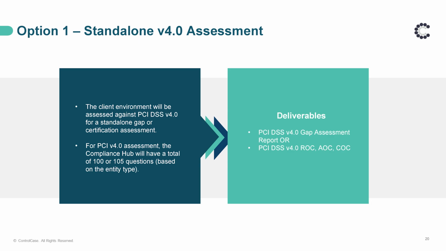And with that, we will have a total of 100 or 105 questions based on the entity type to be assessed. Now, when I say 100 or 105, for a multi-tenant service provider, there are 5 extra questions to meet Annexure A or Appendix A. Hence, the count will be 105. For all other entities, it will be 100 questions.